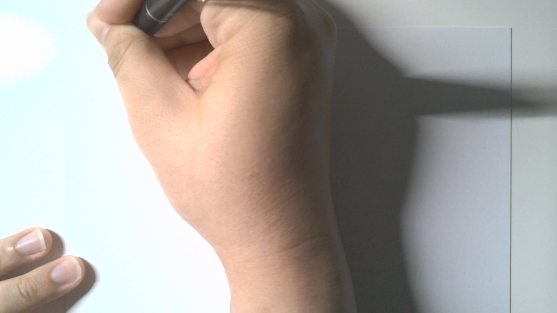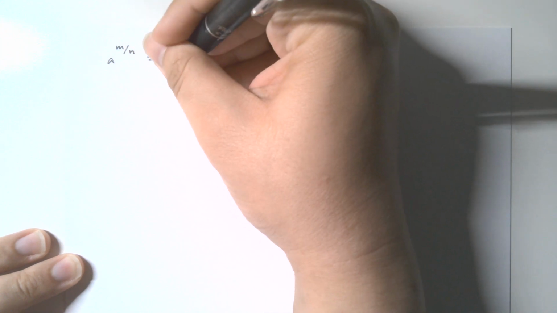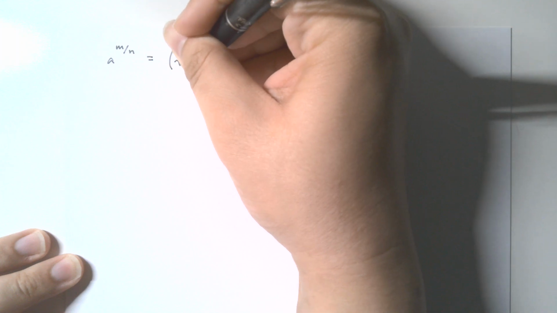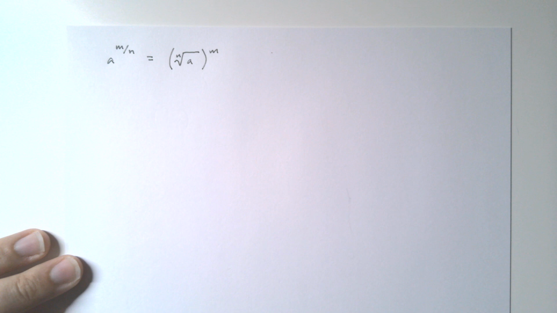So something with a rational exponent is anything in the form of a to the power of m divided by n. And we can convert this into radical form when we write it like this. The nth root of a to the power of m. This is the big property that we're going to use for this section and the next.